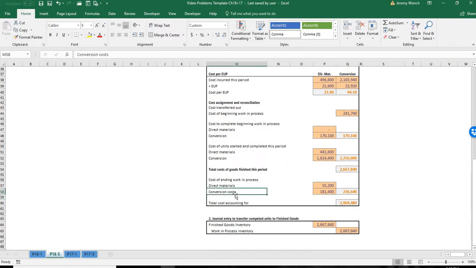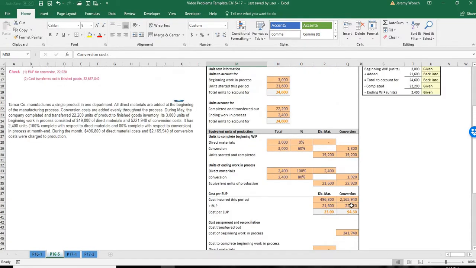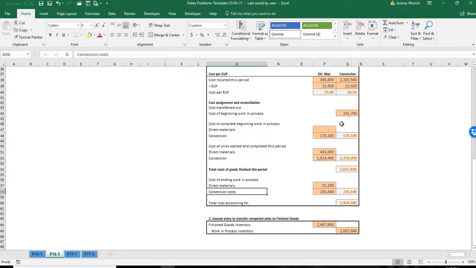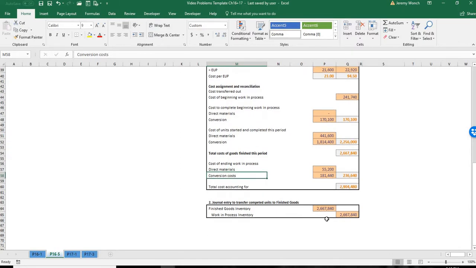So our cost for our ending work in process is 236,640. Gives us total cost to account for 2,904,480, which matches what we had up here to account for of 2,904,480. So everything matches up.